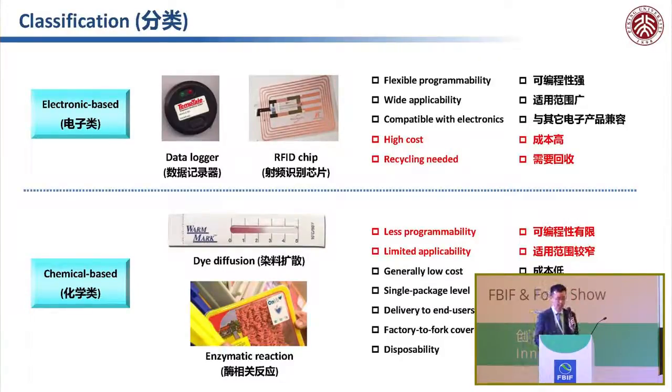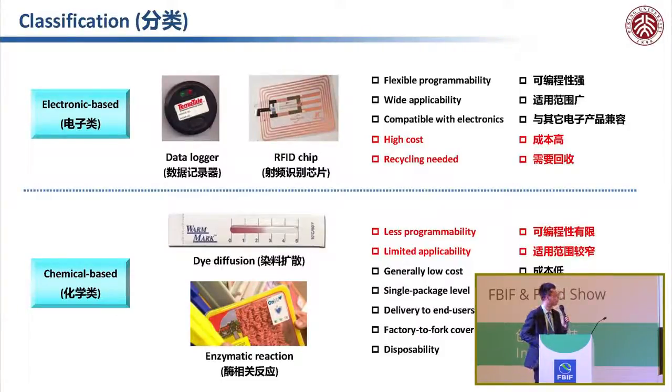These electronic-based TTIs feature very flexible programmability and therefore wide applicability, and they are compatible with common electronic devices. The problem is that they are usually of high cost, so they need to be recycled, usually at the supermarket stage. So the information stored in there cannot be accessed by common customers like us.